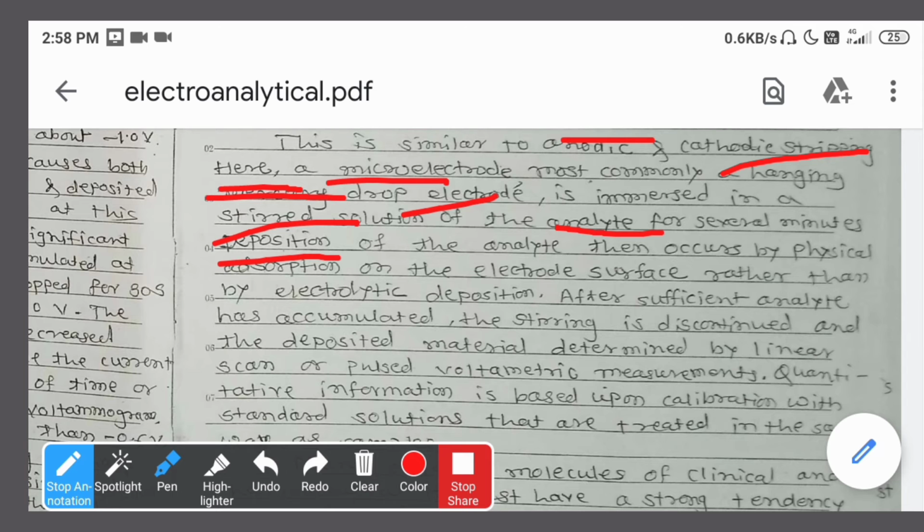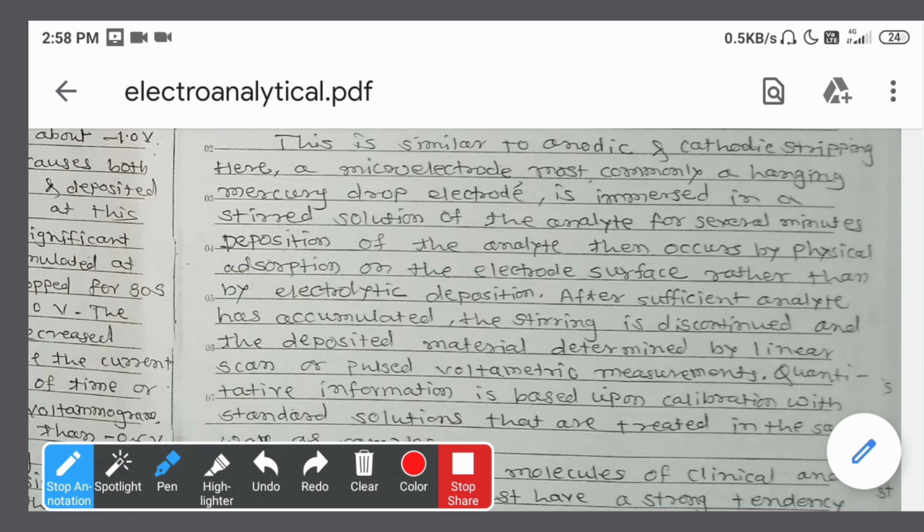The analyte is then analyzed by various voltammetric methods like cyclic voltammetry, normal pulse or differential pulse voltammetry.